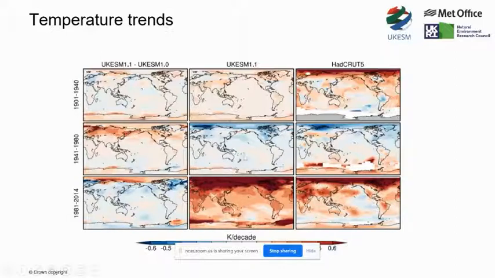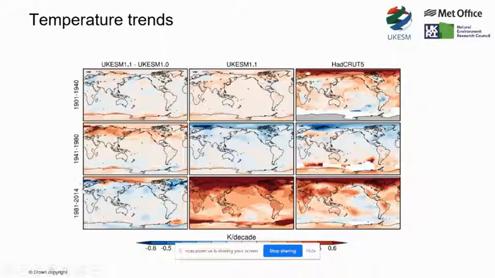This again moves us in the right direction in comparison against HadCRUT4. Previously we had two large cooling trends in this period, but interestingly it shifts in the 80s to the 2014 period. I think this is because, as I'll show in the next slide, with changing aerosol emissions, the implementation of air quality legislation led to large reductions of SO2 emissions during this period.